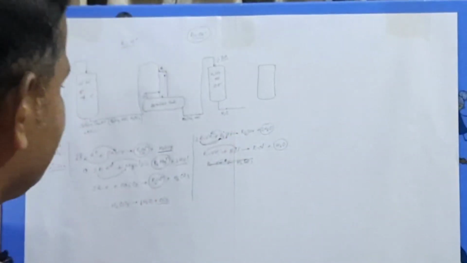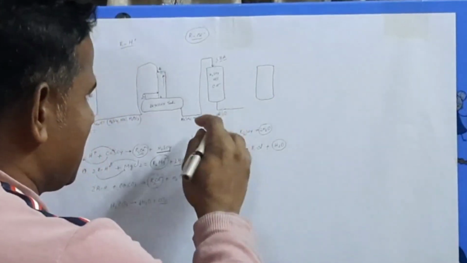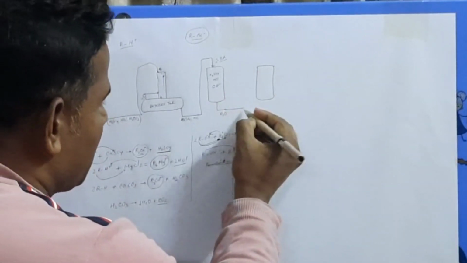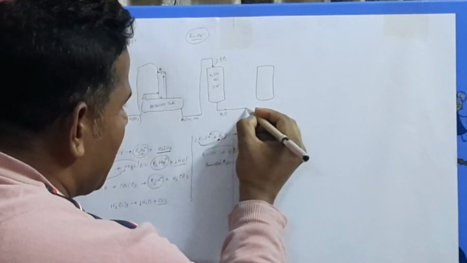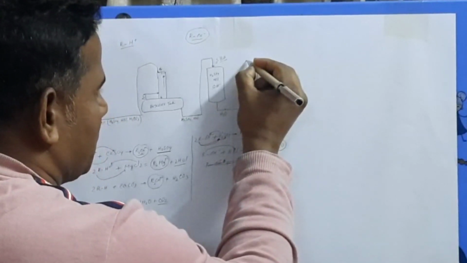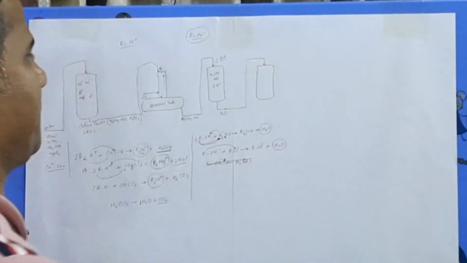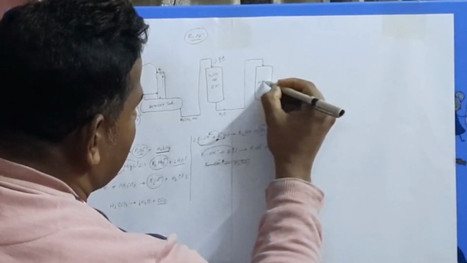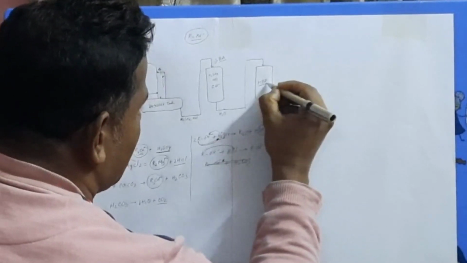So finally, if some impurities are present after the anion tower, where will they go? To the demi unit section, the demineralization section. So it will go to the DM plant, the demineralization plant. It is called MBP, mixed bed polisher unit.